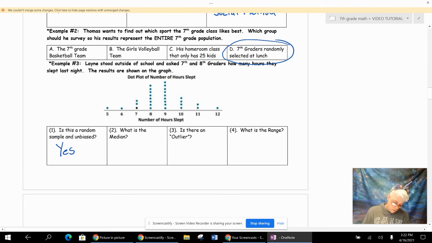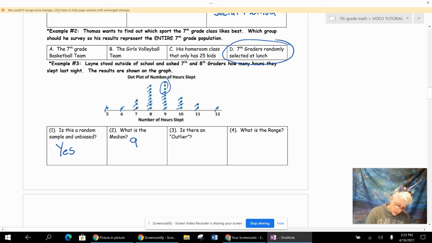What is the median? Well, again, we could go 1, 1, 2, 2, 3, 3, 4, 4, 5, 5, 6, 6, 7, 7, 8, 8, 9, 9, 10, 10, 11, 11, 12, 12, 13, 13, and then we know we're already going to be in 9.